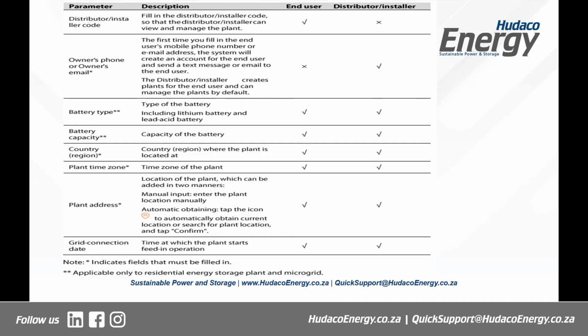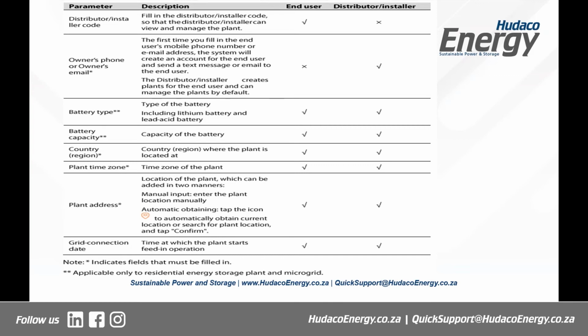The distributor or installer code is supposed to be obtained by the end user, and then the end user gives it to the distributor to manage their plant, all right? Then the owner's phone number and email, that is supposed to be obtained by the distributor, all right?